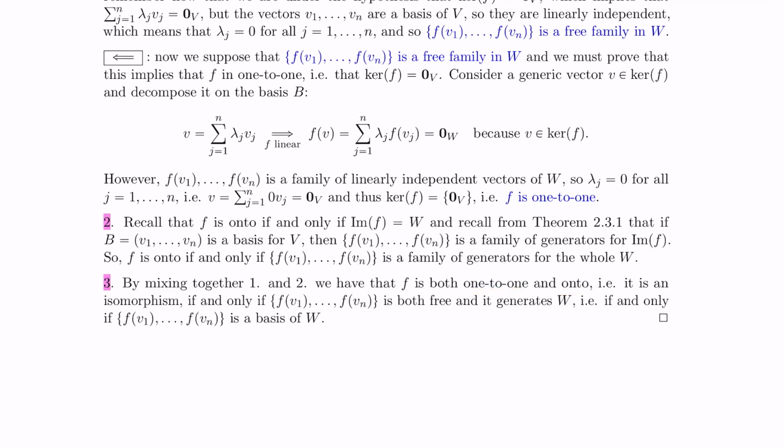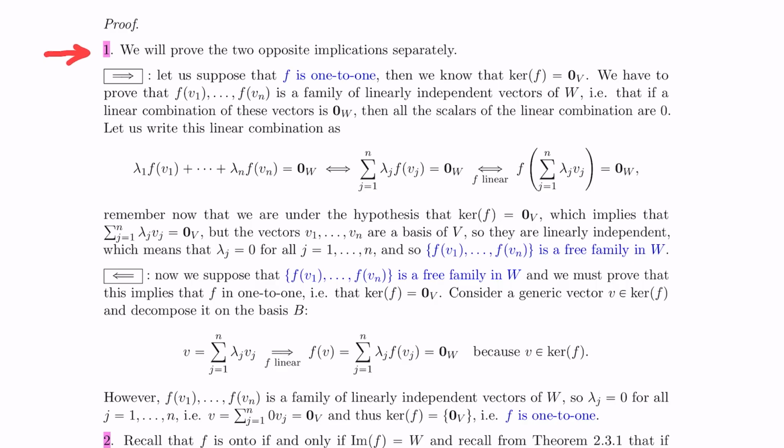But, thanks to statement 1, f is one-to-one if and only if these vectors here are linearly independent, and thanks to statement 2, f is onto if and only if these vectors here are generators for W. Hence, f is simultaneously one-to-one and onto, that is, f is an isomorphism, if and only if these vectors are linearly independent and they generate W, that is, if and only if this is a basis for W.